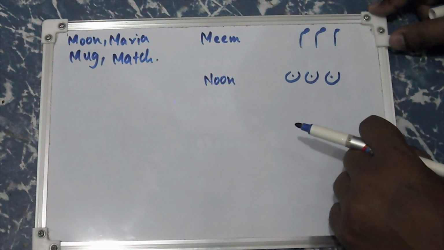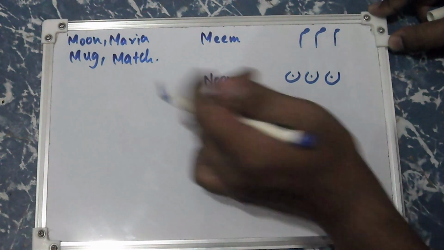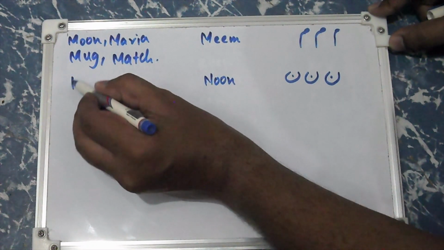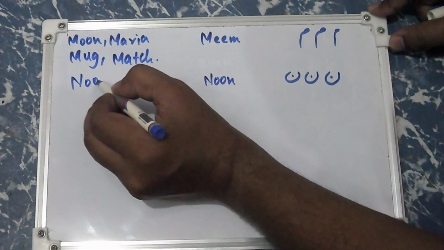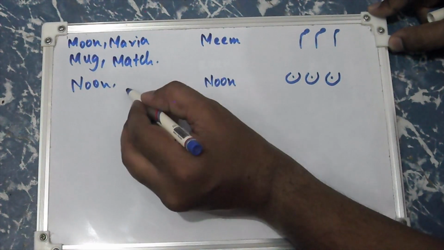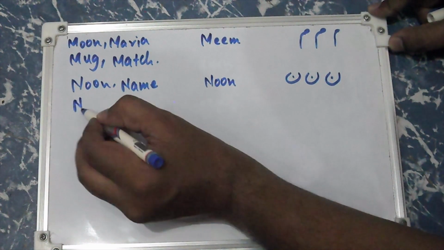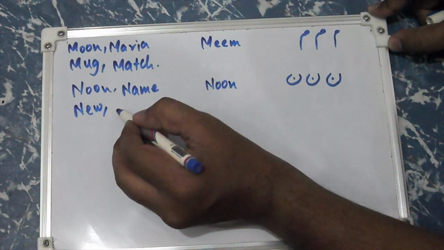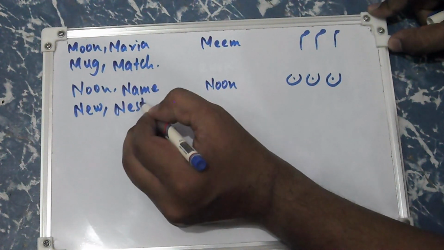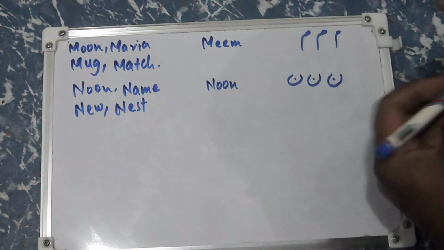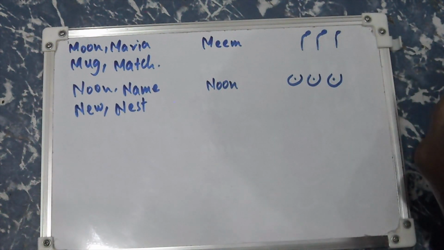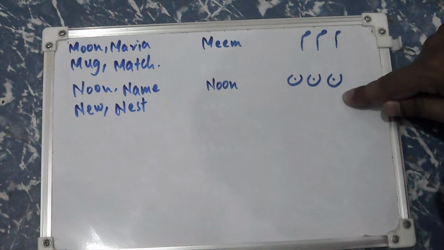And the words of English language which contain the sound of this noon are noon, name, new, nest. So these are a few words of English language which contain the sound of this Urdu alphabet noon.